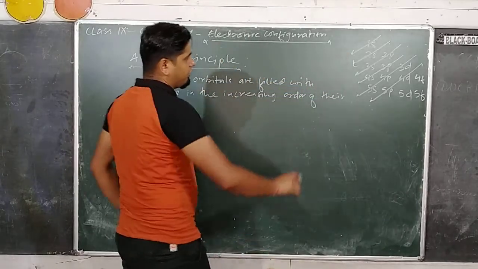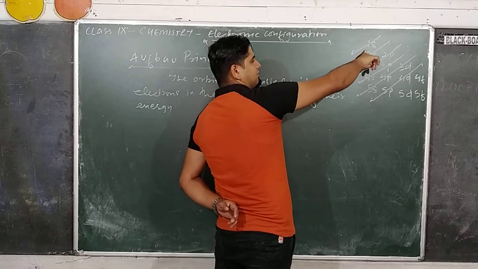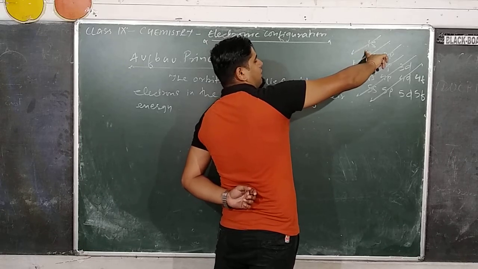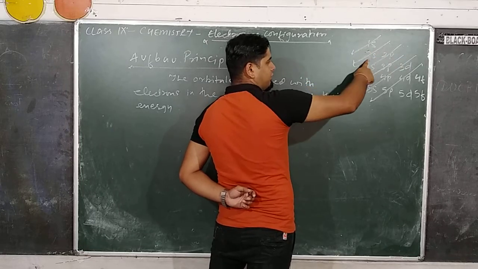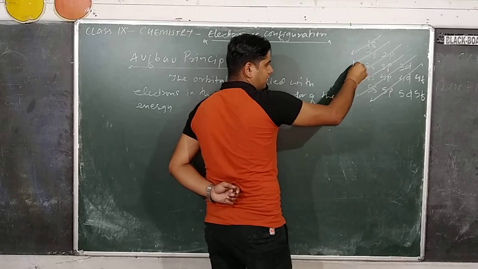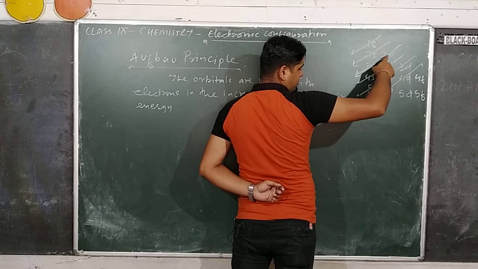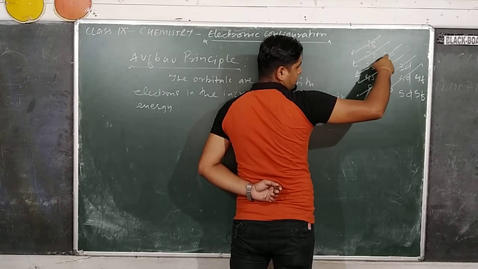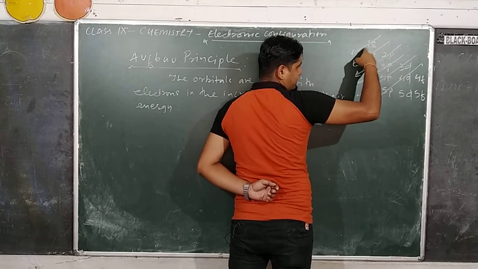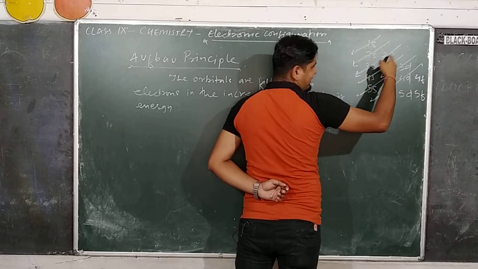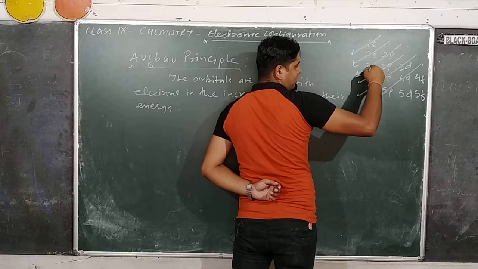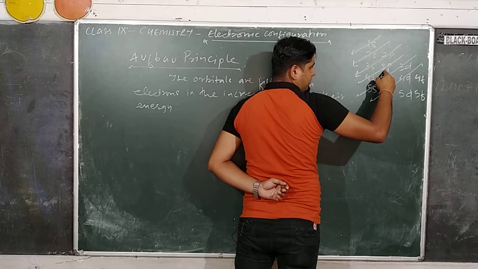Look at the board. First the 1s orbital is to be filled, then 2s. After 2s, look at the arrow. After 2s, this arrow will touch 2p first. Then 3s. So first 1s, 2s, 2p, then 3s. After 3s, 3p will be filled.